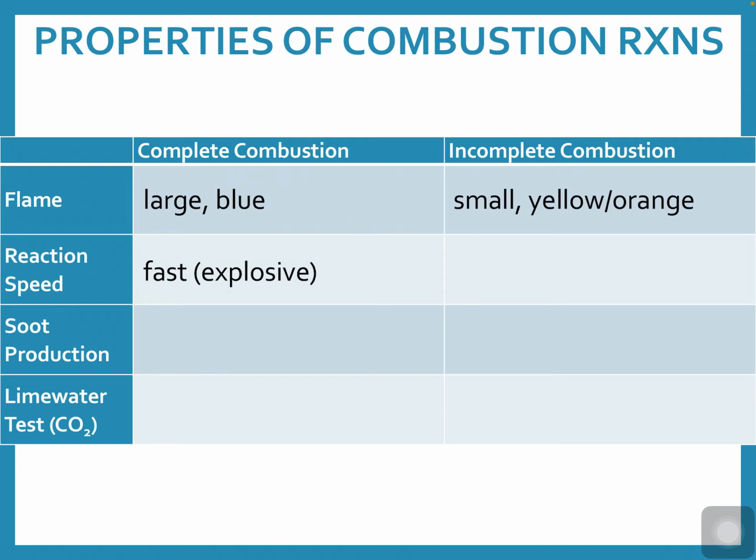The reaction is much faster for complete combustion than for incomplete combustion, which is quite slow. There's no soot produced for complete combustion, and there is lots of soot for incomplete combustion. So the less oxygen there is, the more soot that will be created.